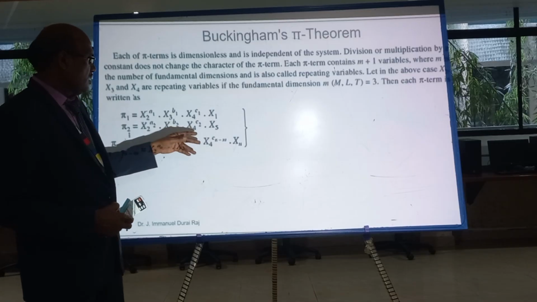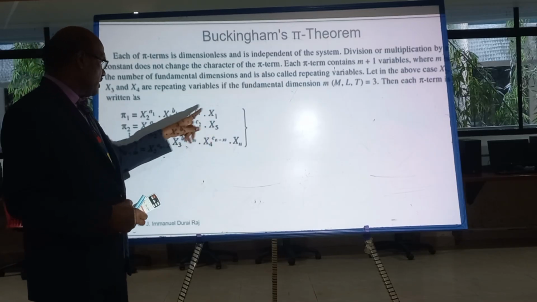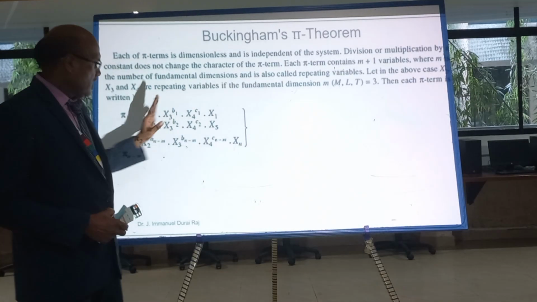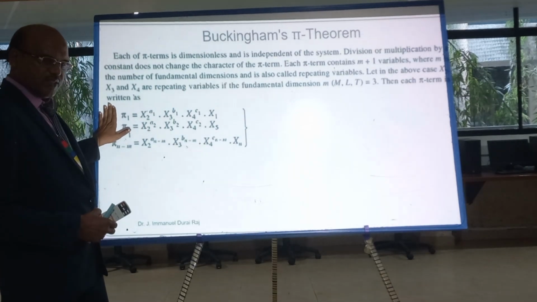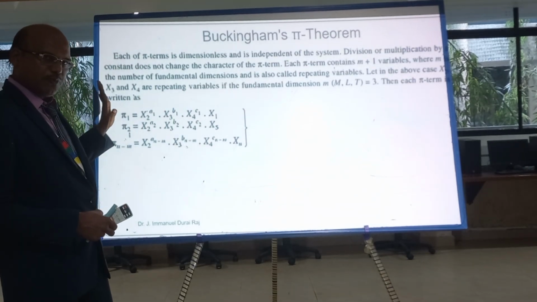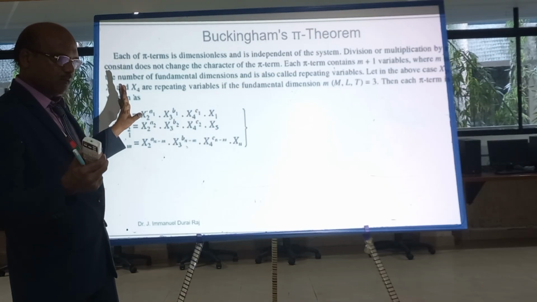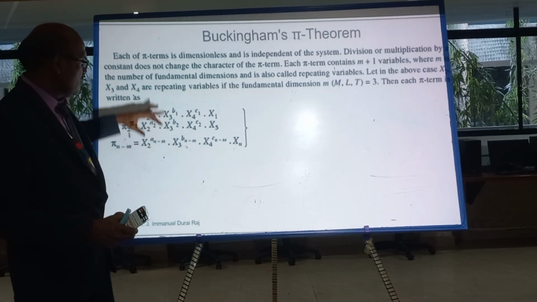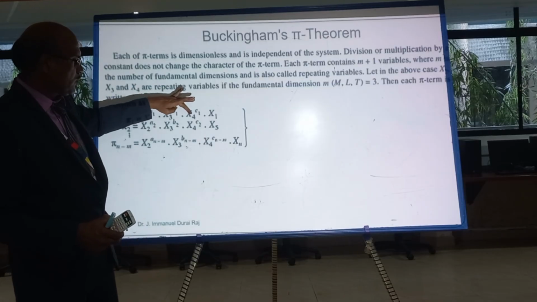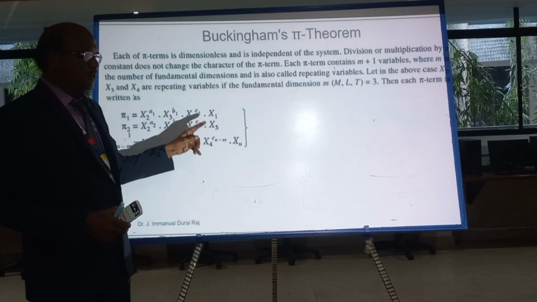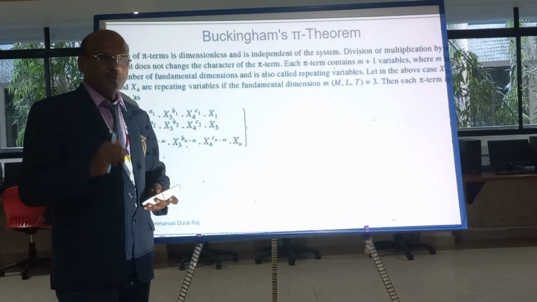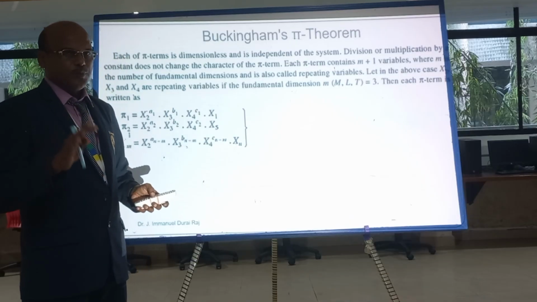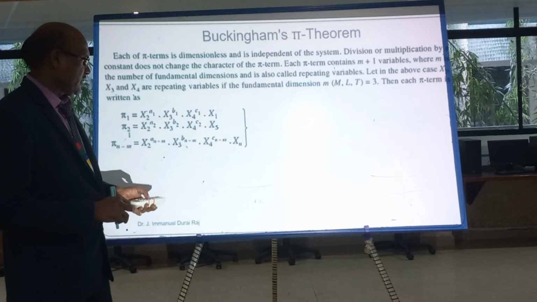Totally 6: one dependent on the left-hand side, and now you are having 5 independent parameters on the right. Take 3 here, x2, x3, x4. Of these 3, one should have a geometric property, one a kinematic property, and one a fluid property. So these 3 have to be selected.